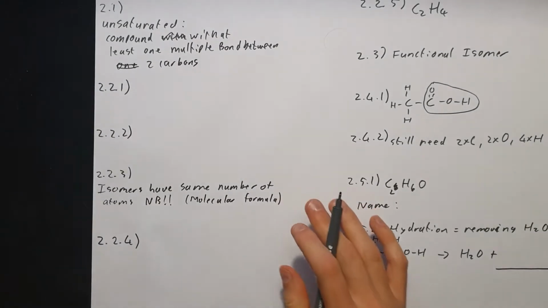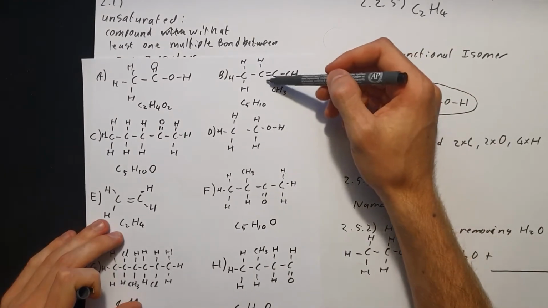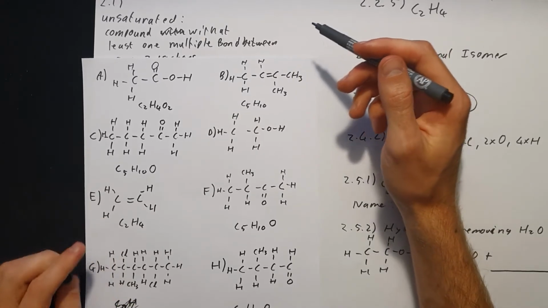What do I mean by that? An example would be looking at B. B has a double bond between two carbons, therefore it makes it an unsaturated compound.